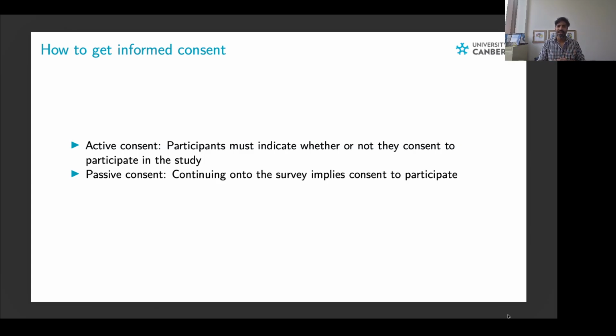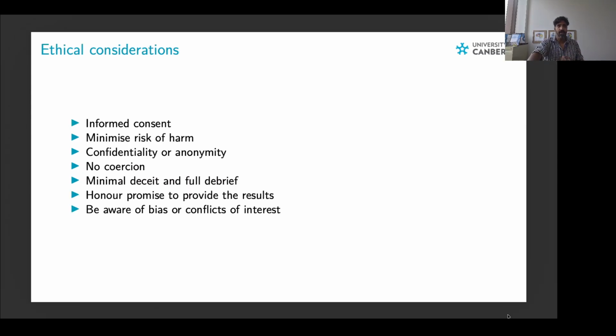Typically, what I've seen in ethics applications is for active consent you need a justification for why passive consent is required over and above active consent. And more often than not, people should be informing you not through their actions, but through debrief with information as to whether or not they should consent to taking part in the study.